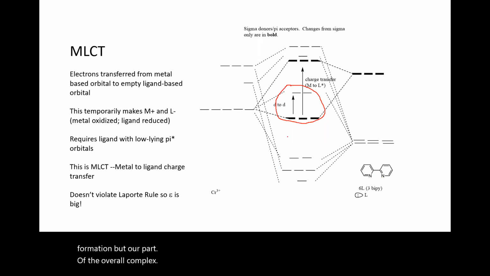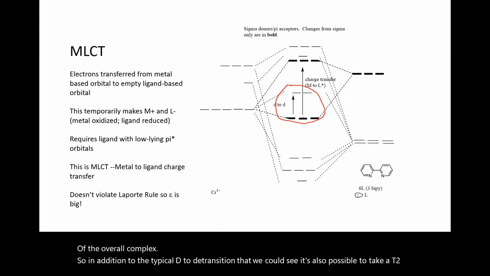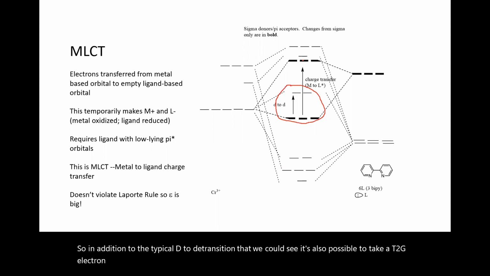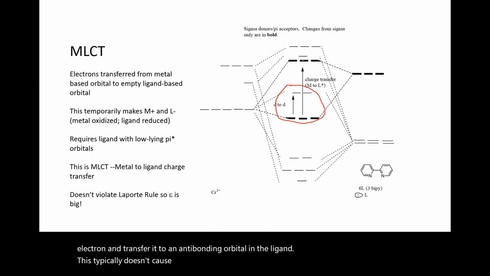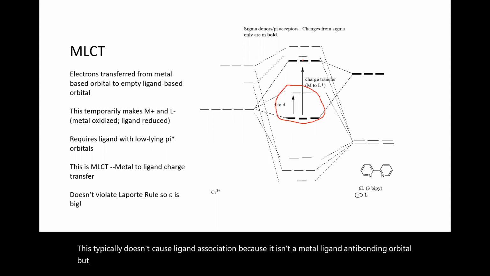So in addition to the typical d to d transition that we could see, it's also possible to take a t2g electron and transfer it to an anti-bonding orbital in the ligand. Now this typically doesn't cause ligand dissociation because it isn't a metal-ligand anti-bonding orbital, but it does put an electron into the pi star system, in this case of the bipy ligand.